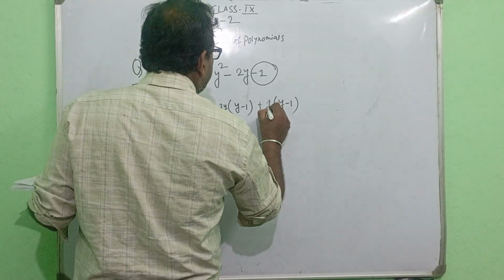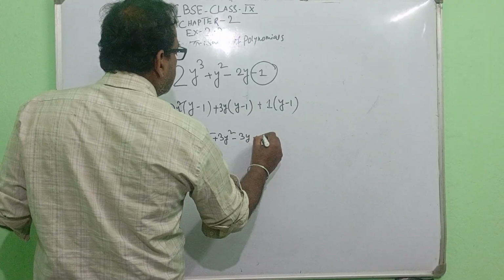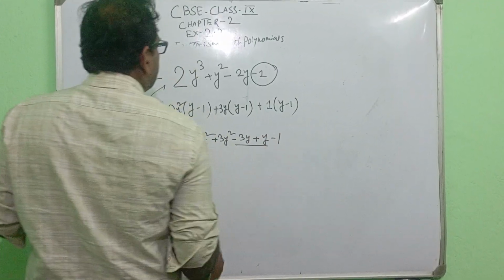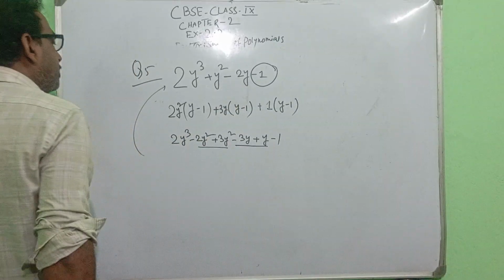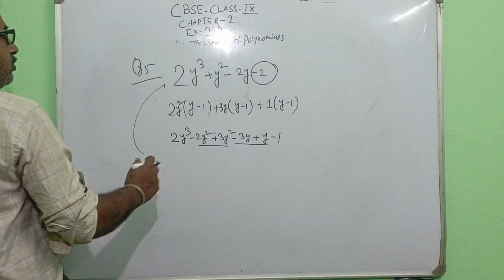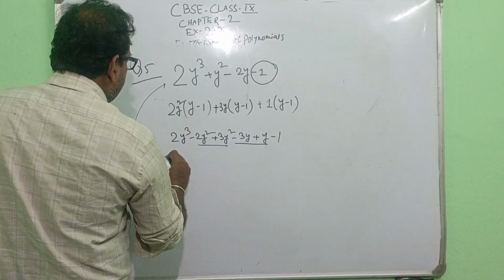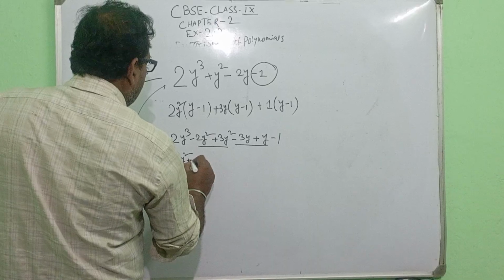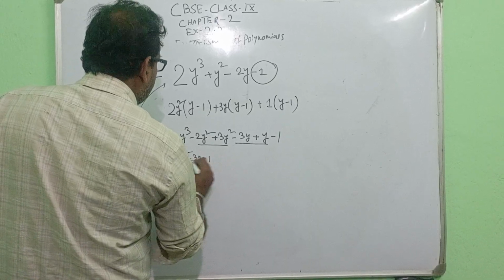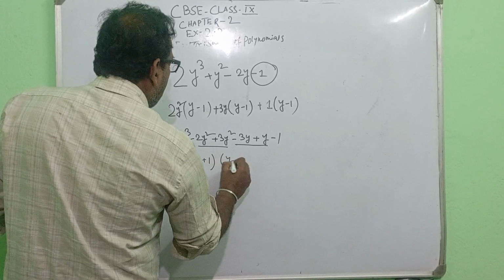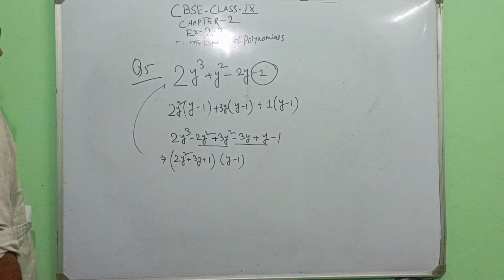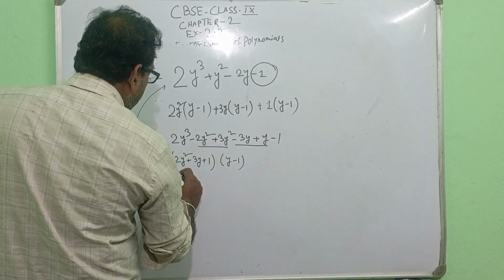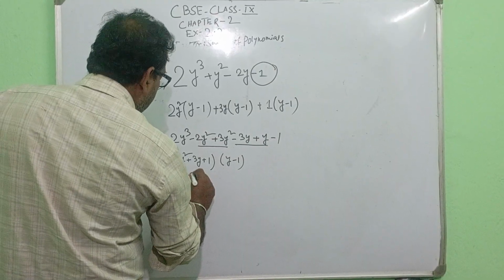What will we do? All these things are coming. So now after that it is 2y square plus 3y plus 1 times y minus 1. Again, this is a middle term. So how can we do that? 2y square.